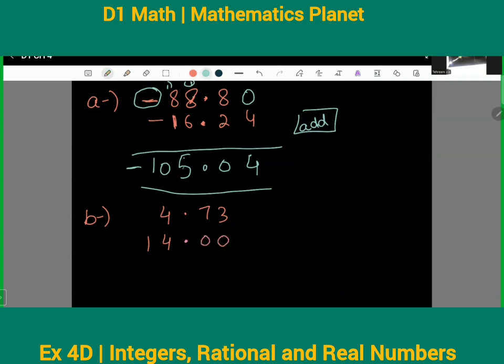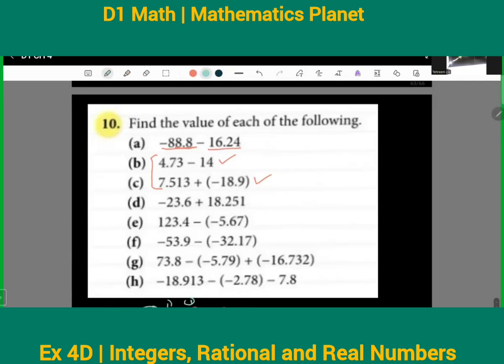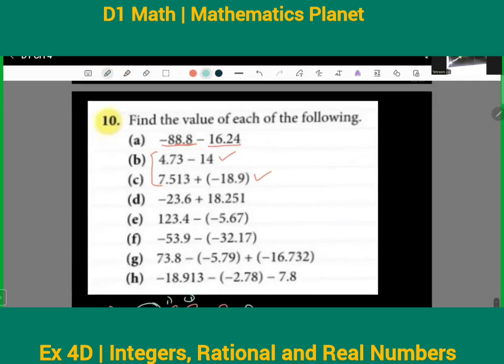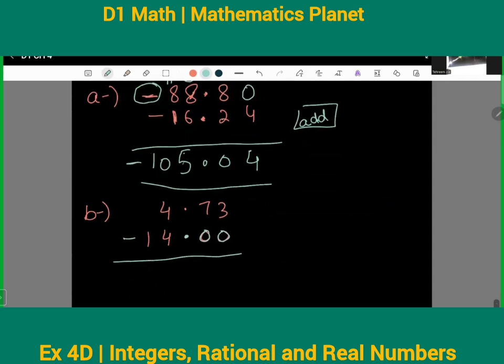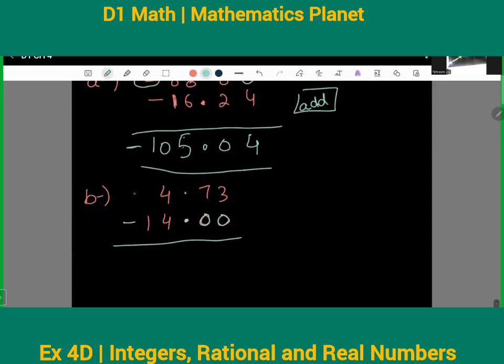We are putting the two zeros on our own because we need to put decimal over decimal. Now it is 4.73 minus 14, so we need to subtract it. The sign of the 4.73 is plus, and the sign of the 14 is minus. So plus minus minus.